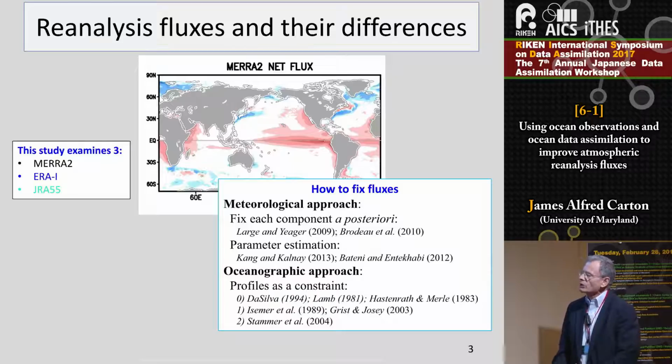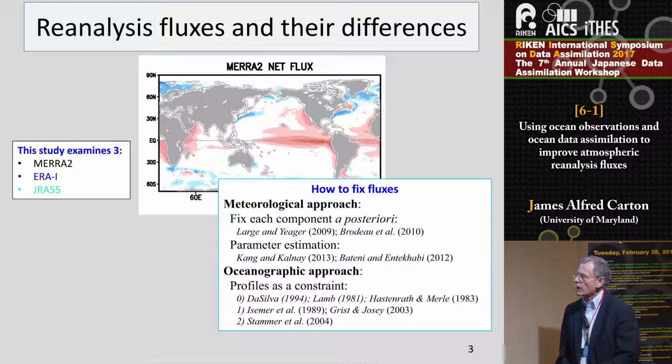But in the oceanographic community, there also is a history of efforts to try and fix the surface fluxes. These fall mostly in the category of constraint problems or inverse calculations, the most sophisticated of which was a 4D-Var algorithm proposed by Detlef Stammer in 2004, in which he included surface fluxes as one of the state variables of the ocean.